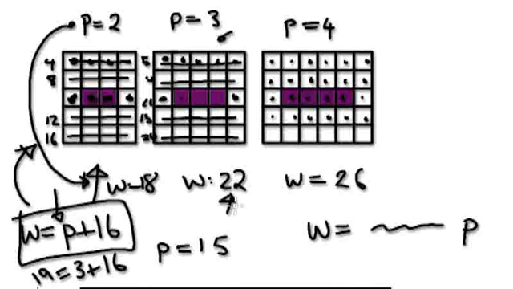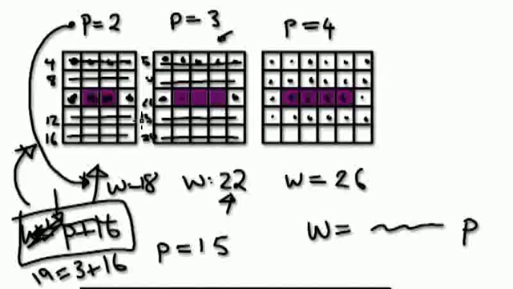But clearly we need 22 tiles. So P plus 16 is not a good formula. It should work for all numbers of purple tiles.